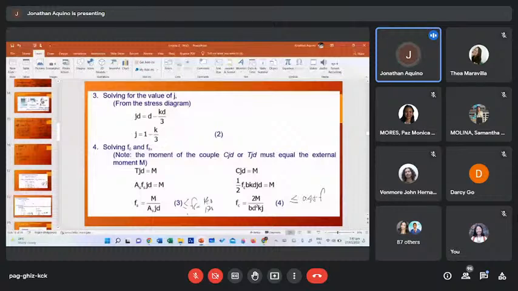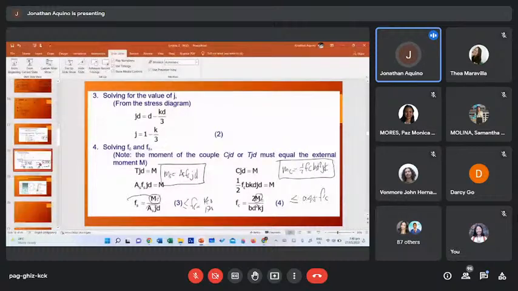So from this, you can solve for the moment capacity of the section. So yan naman yung capacity niya considering investigation problem.